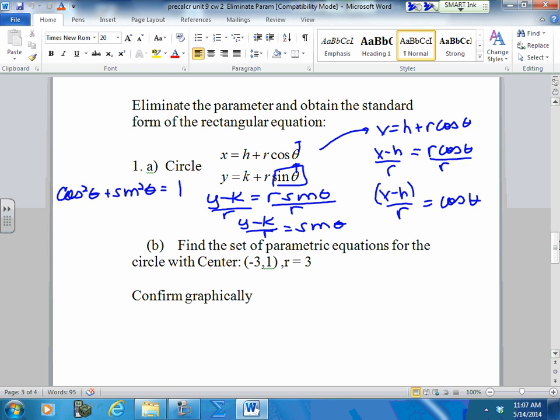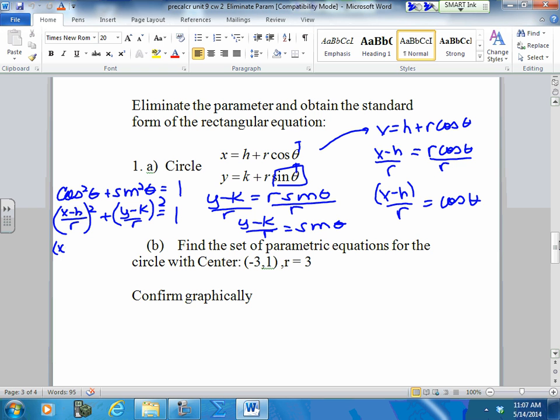So we plug in what we found for cosine, we square it, we plug in what we found for sine, we square it, and now we just kind of distribute, do the raised to the power thing.